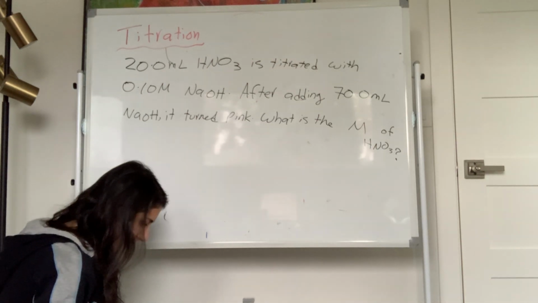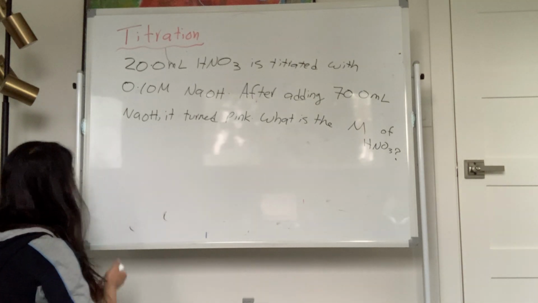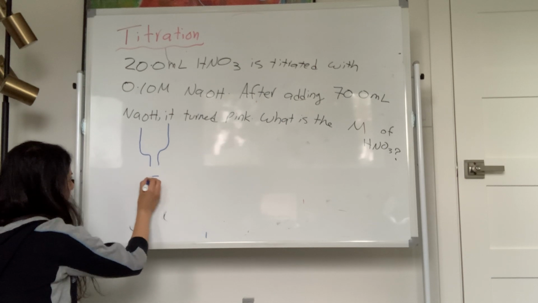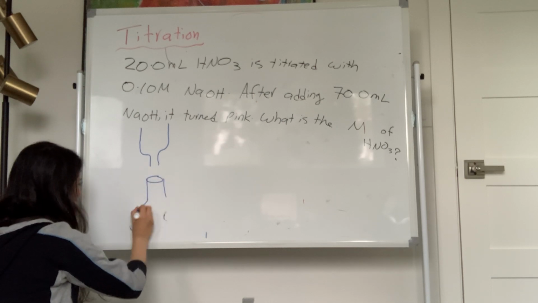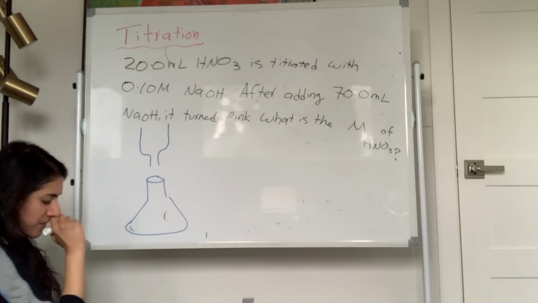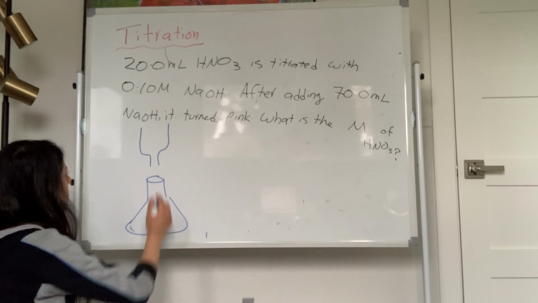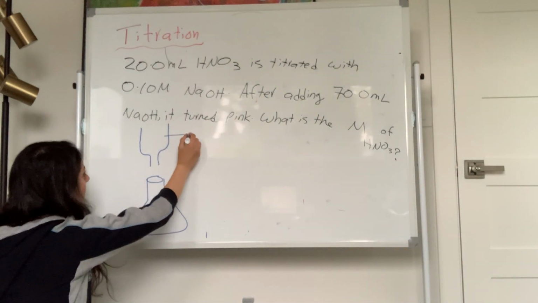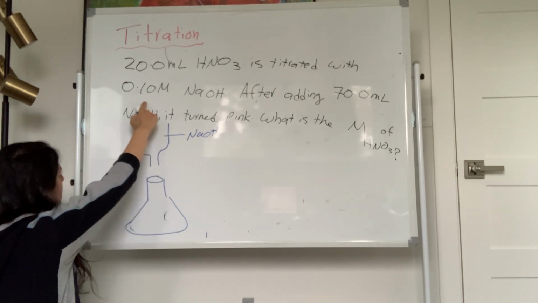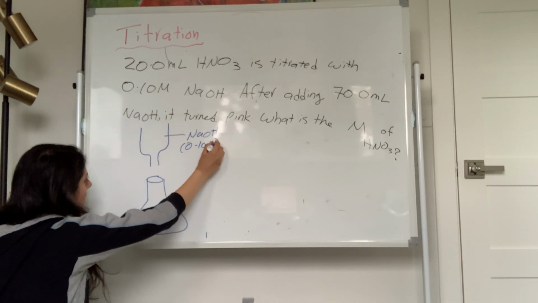Every time you have a titration problem, I want you to draw it out. So what do I have here? Here I have NaOH, and the concentration of my NaOH is 0.10 molar.